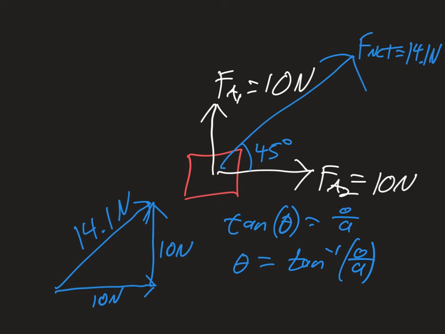So the tangent inverse of 1 should equal 45 degrees.